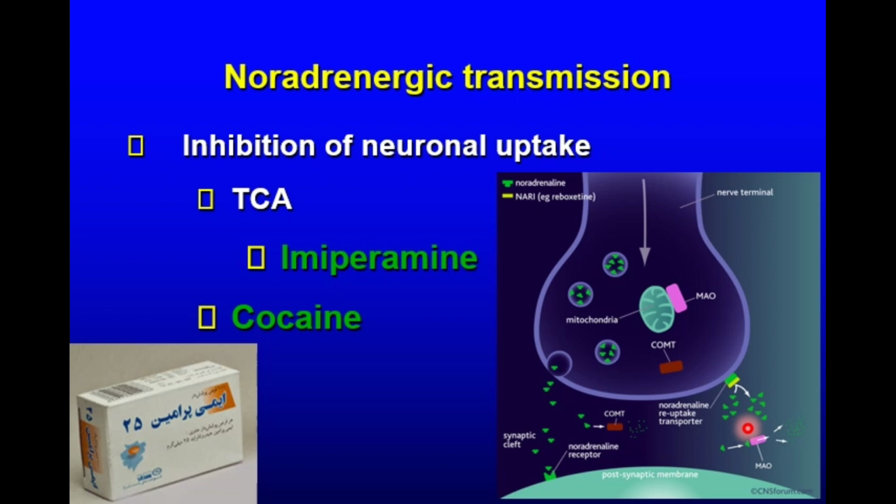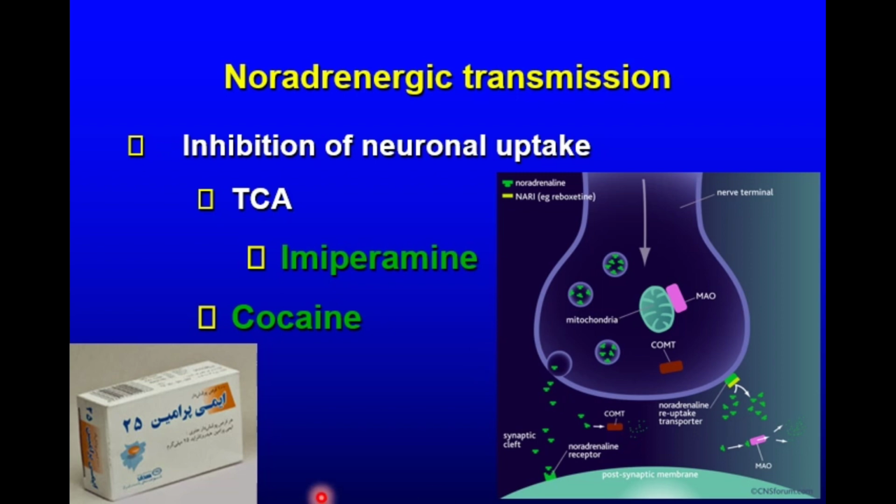The antidepressant action of tricyclic antidepressant agents like imipramine, amitriptyline, and nortriptyline has been attributed to their blockade of noradrenaline uptake in the central nervous system. Drugs which reduce noradrenergic neurons' activity cause depression, for example methyldopa, reserpine, and tetrabenazine.